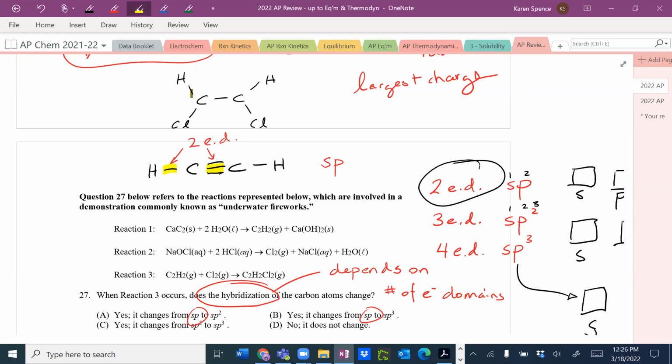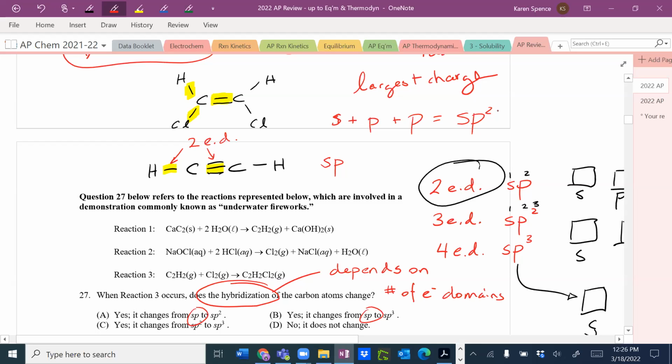We've got 1, 2, 3 bonds, so we're going to put a 4th bond here as a double bond in between them. Now how many electron domains are around carbon? 1, 2, 3 areas. So we're going to need an s plus a p plus another p, which means that we have sp2 hybridized.